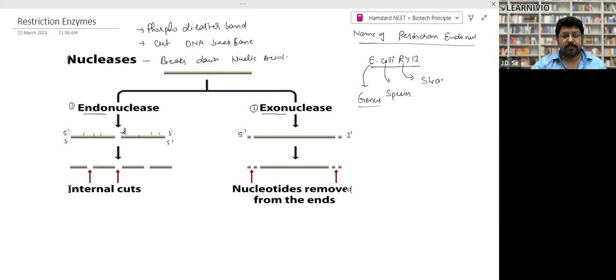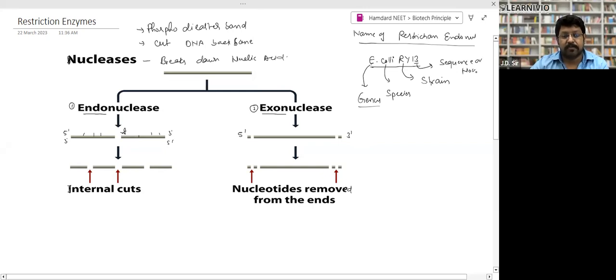Strain. What is 13? This is the number, meaning this is the 13th enzyme discovered. It represents the sequence or number of enzymes. Please note it down.